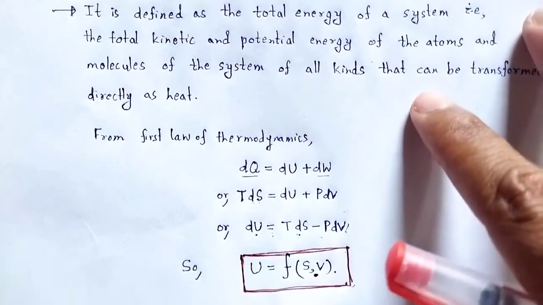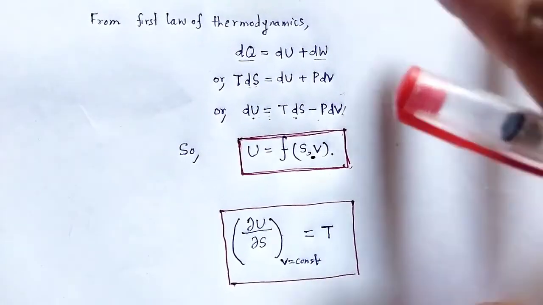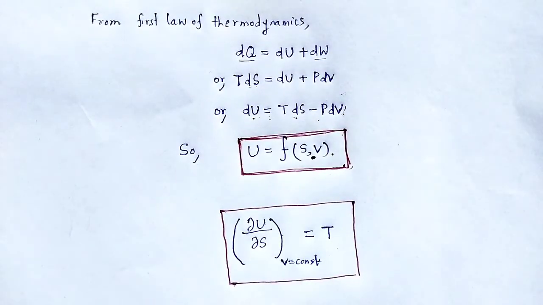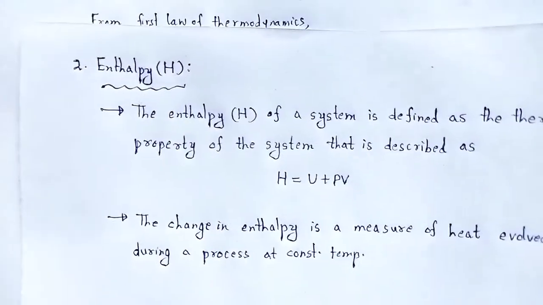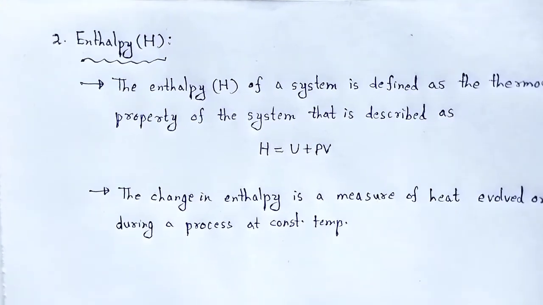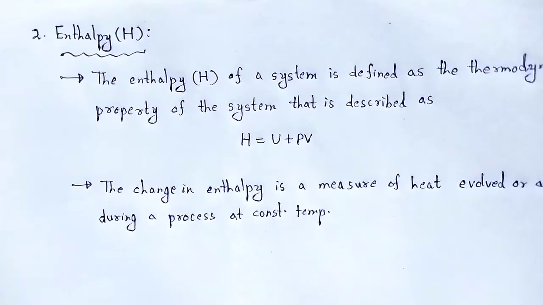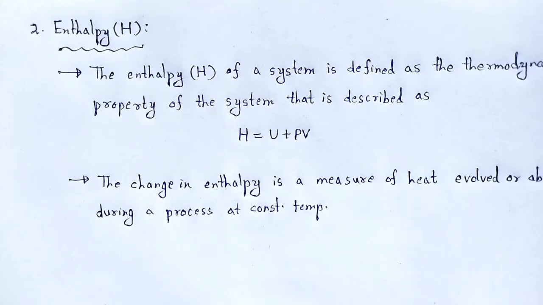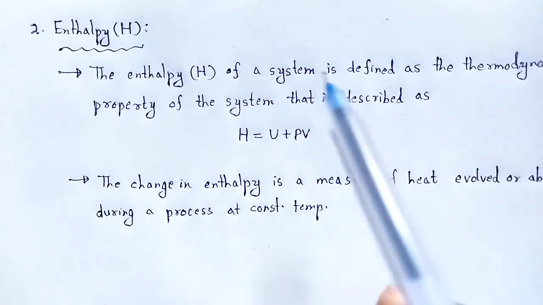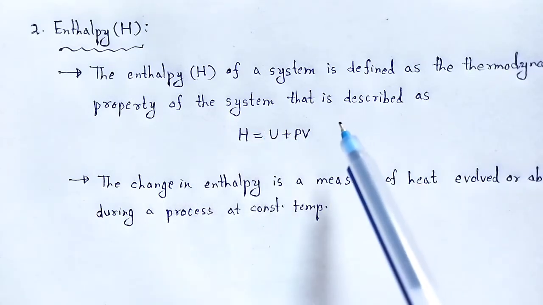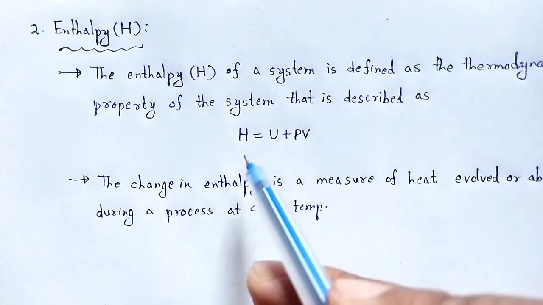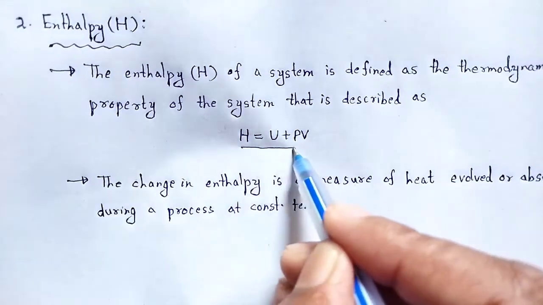Another thermodynamic potential is the enthalpy. Enthalpy is denoted by H. The enthalpy H of a system is defined as the thermodynamic property of the system that can be described as H is equal to U plus PV.